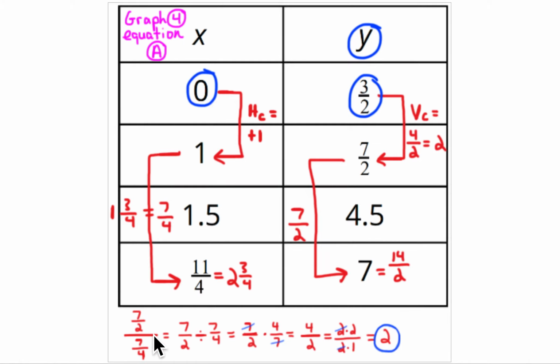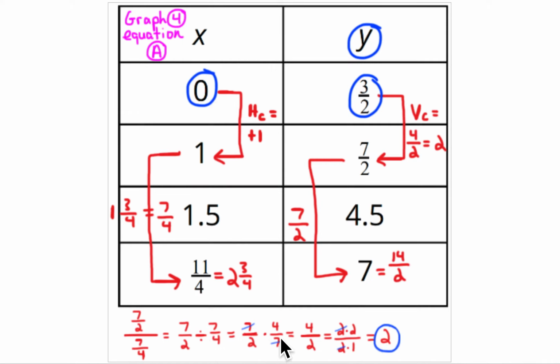Well, 7/2 divided by 7/4, and this is why you should write this stuff out. It's good practice on working with fractions and just seeing what's going on. So 7/2 divided by 7/4. How are you going to solve that? Well, you're going to use the inverse operation, which is multiplication, and you're going to use the multiplicative inverse, which is 4/7.